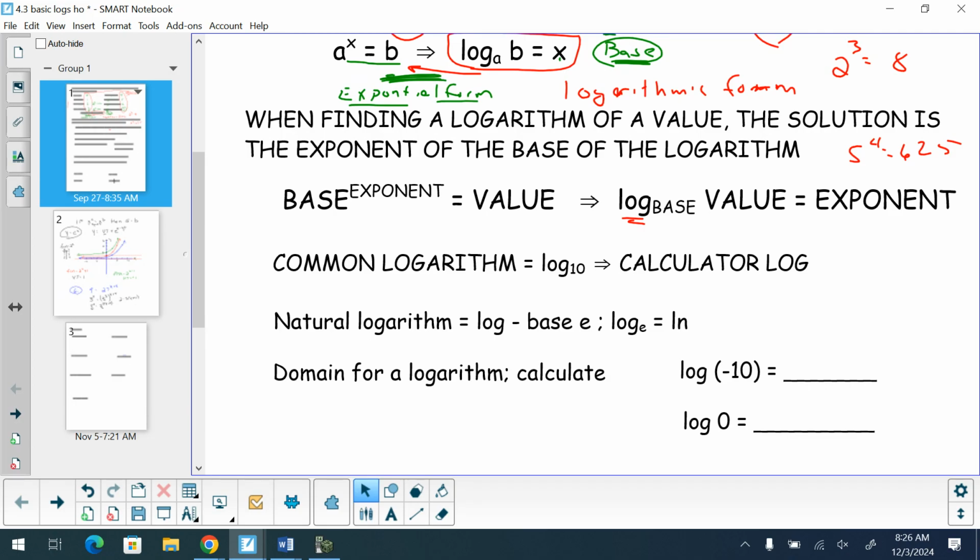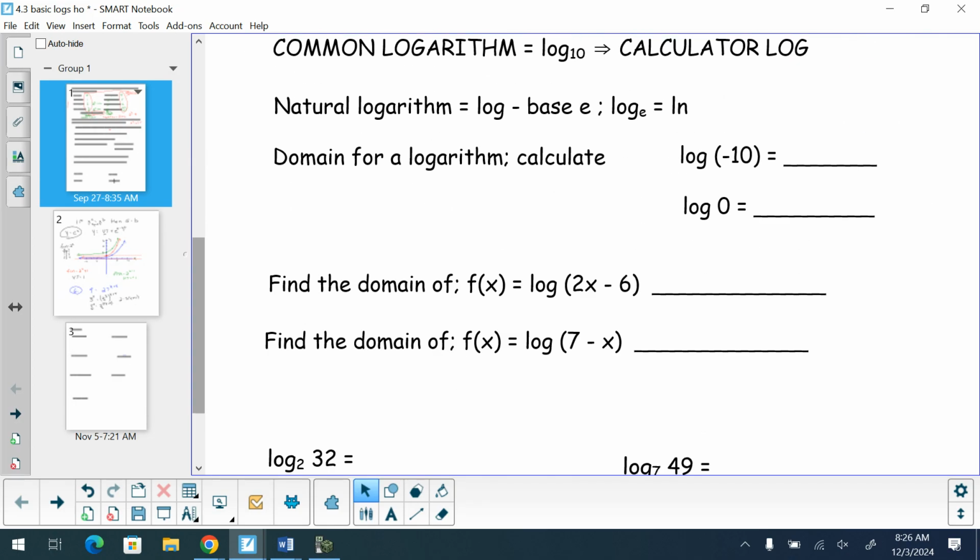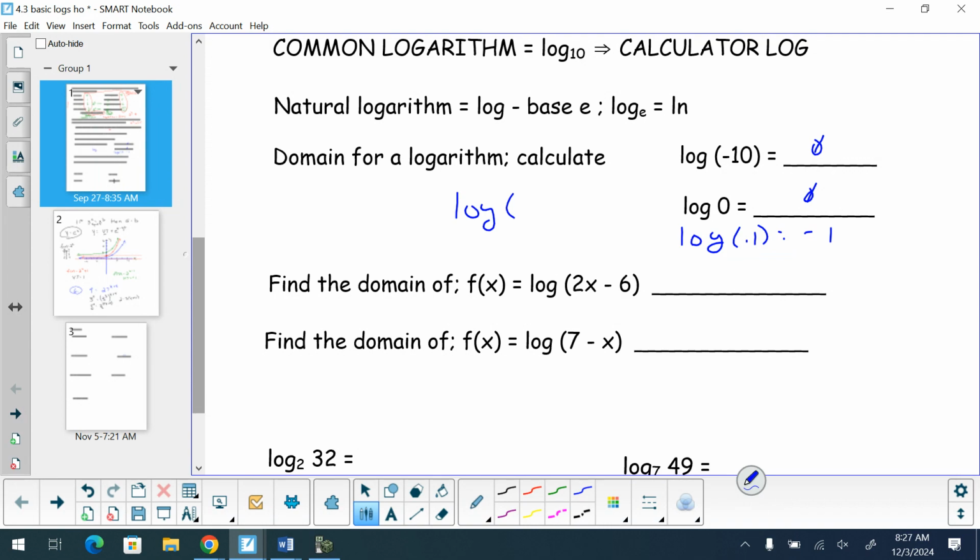But if I ask you to take the log of 0.1, can you do the log of 0.1? Yeah. You get negative 1. How about the log of 0.0001? Can you find that? Yeah, you get a value there. You get a value of negative 4.